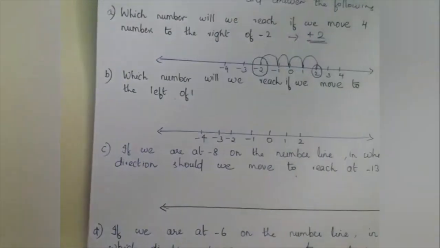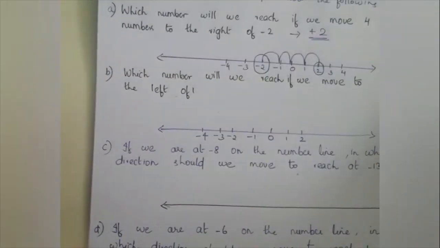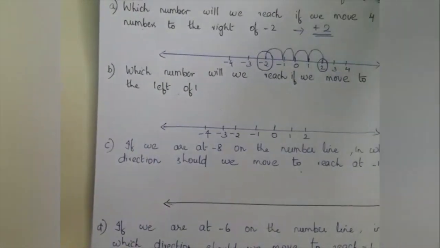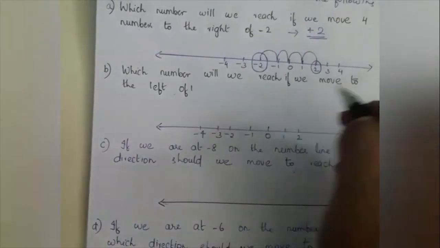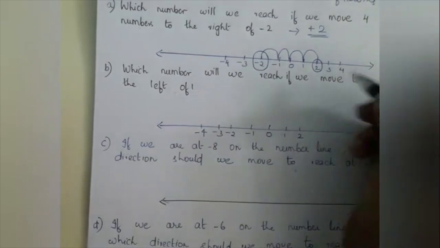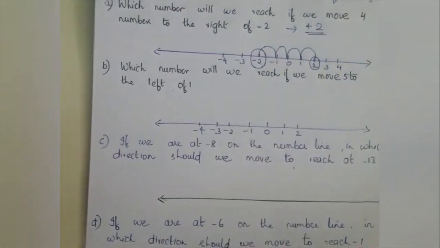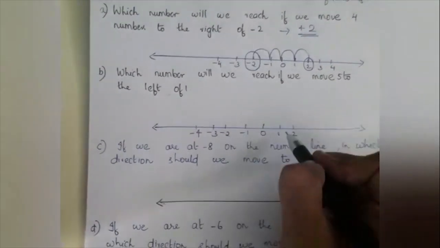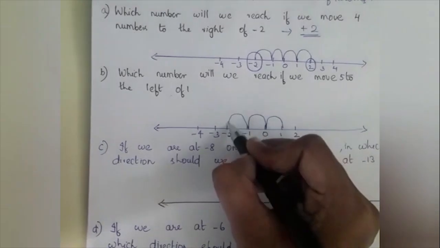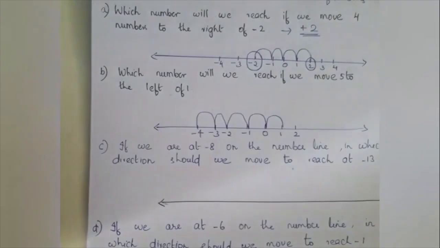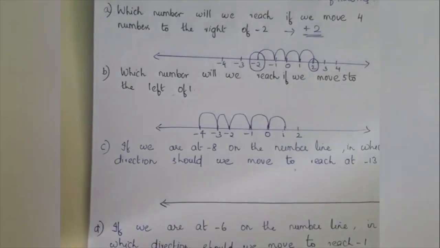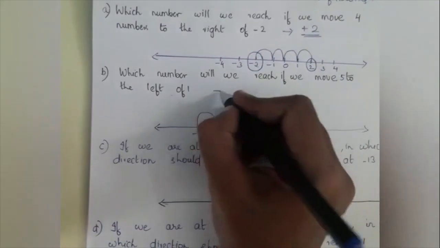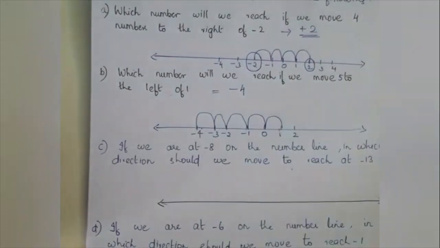So this is 1, and 5 numbers to the left: 1, 2, 3, 4, 5. So you have gone 5 numbers to the left of 1. Left side means this side. Answer is negative 4. Okay.